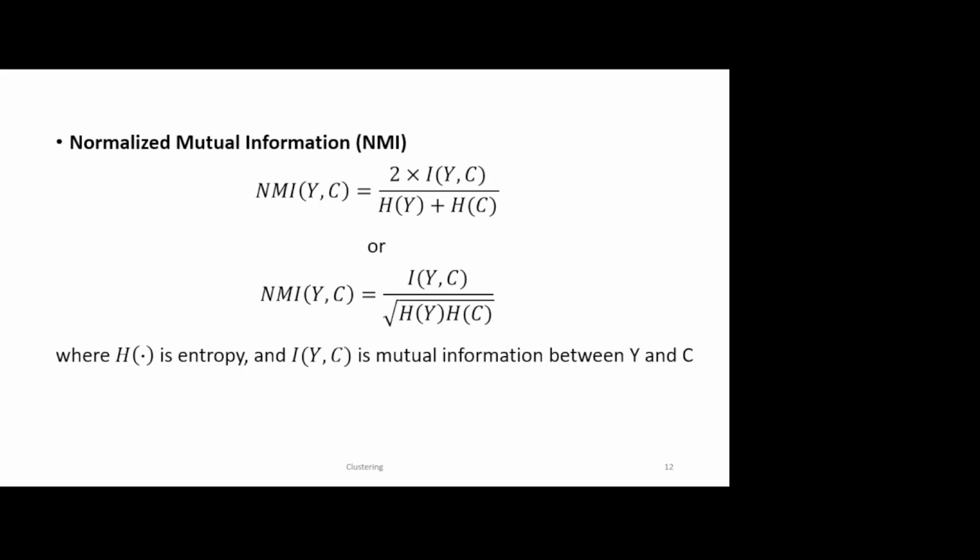I think the main idea is how to calculate the mutual information between Y and C in the numerator. The denominator is just to normalize it, so you can ignore it here. The main part is the mutual information between Y and C, between your class label set and your cluster label set.